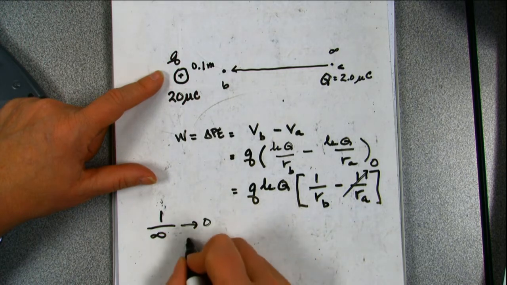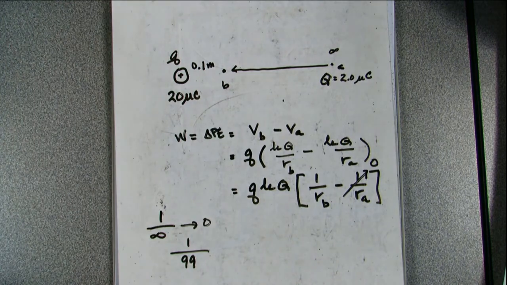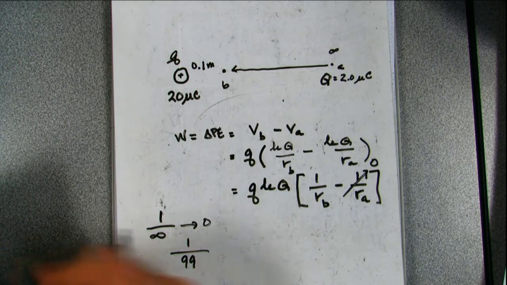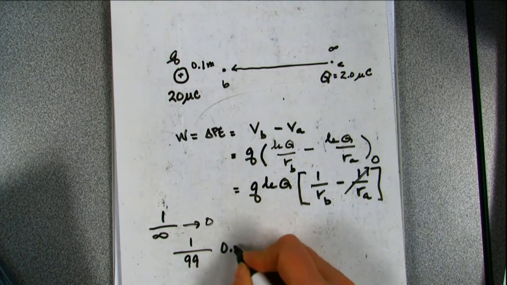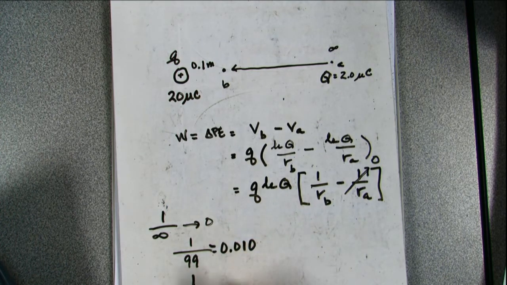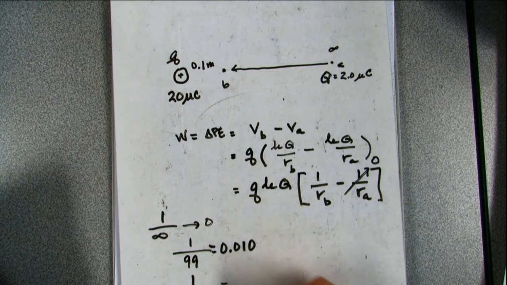If you want to prove it to yourself, 1 over 99 is equal to 0.010. 1 over 9,999 is equal to 0.0001.